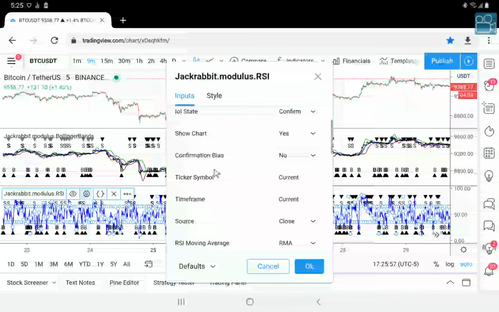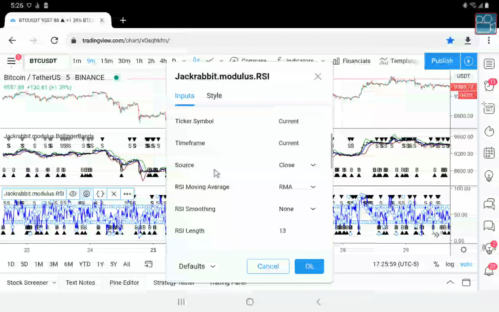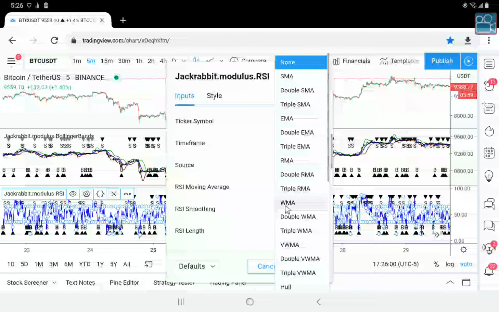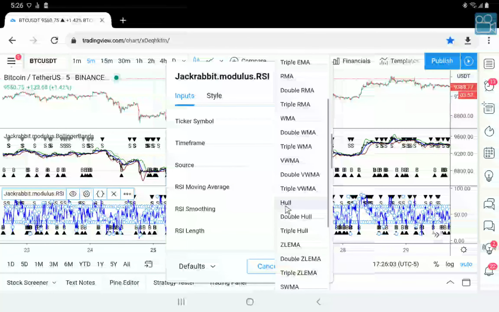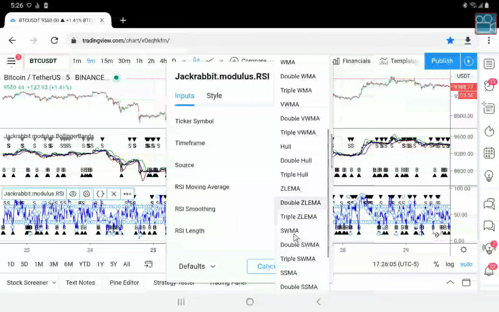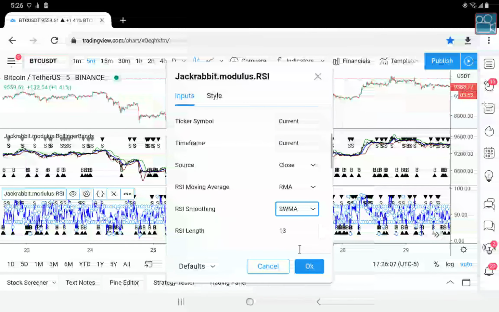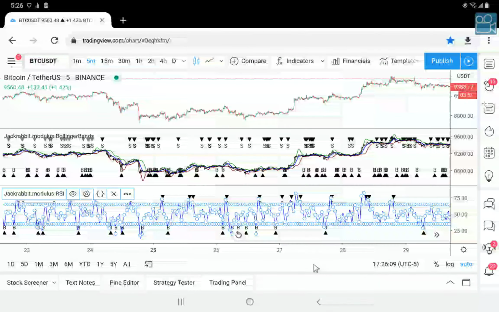So let's come here, RSI, and let's try a couple of combinations. Let's see what we can come up with. That worked out pretty well, but it still shows quite a few close range dips.